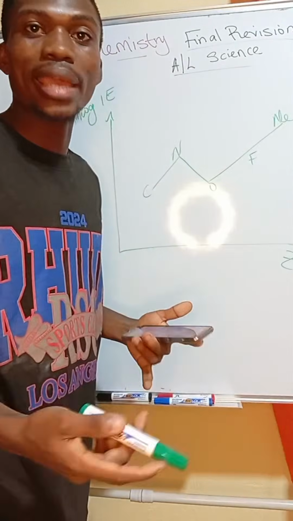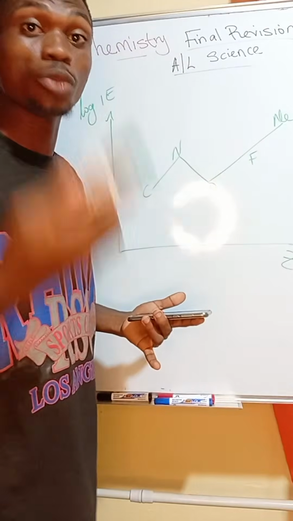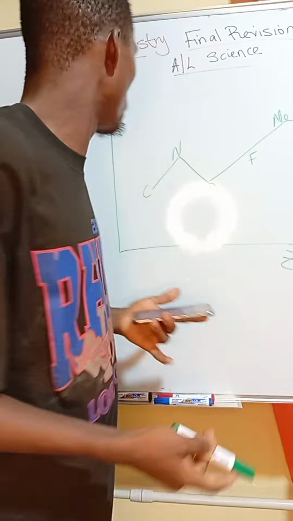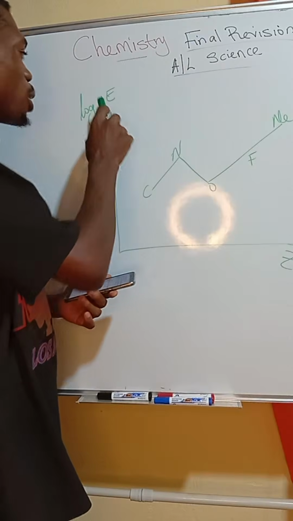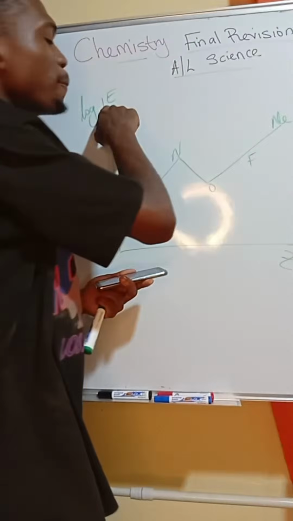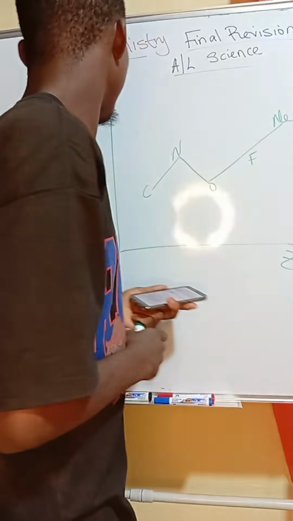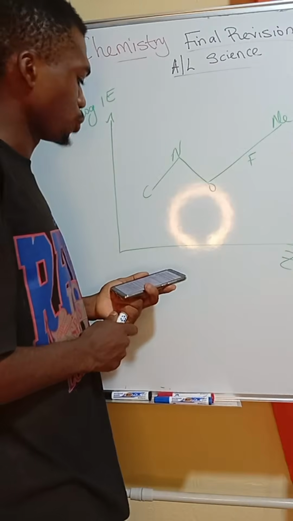They are directly related. When IE increases, its logarithm also increases. Some people will see this log and be confused, please do not. Please also know how to define IE and IE1. They are very important.